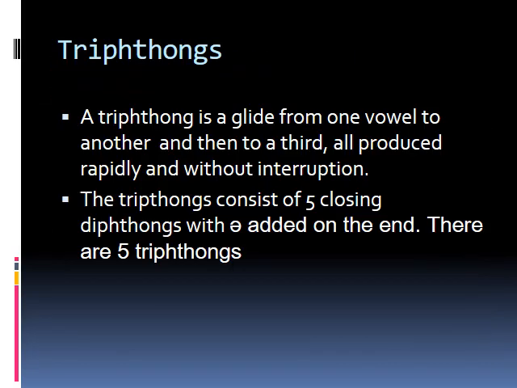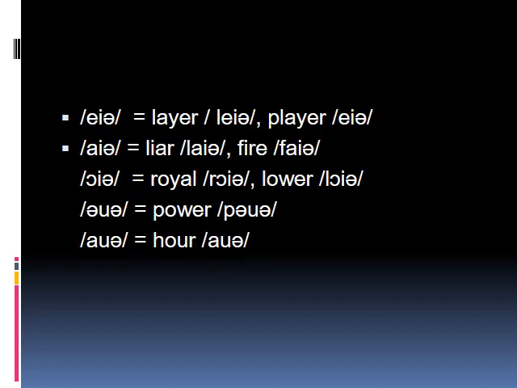Triphthong. A triphthong is a glide from one vowel to another vowel, then to a third vowel. So it consists of three vowels gliding in one syllable, all produced rapidly and without interruption. The triphthongs consist of the 5 closing diphthongs with a schwa added on the end. There are 5 triphthongs. Ayer, like in layer, player.